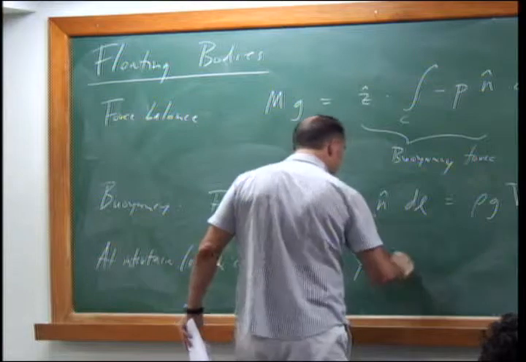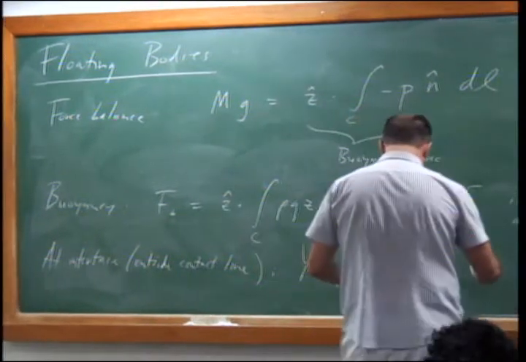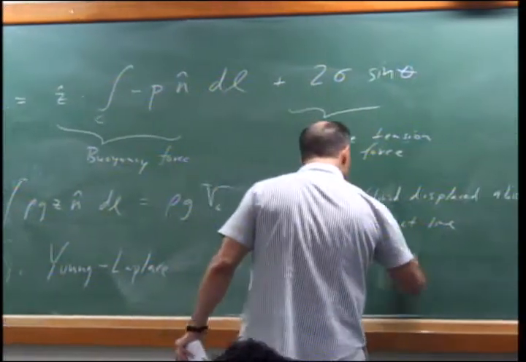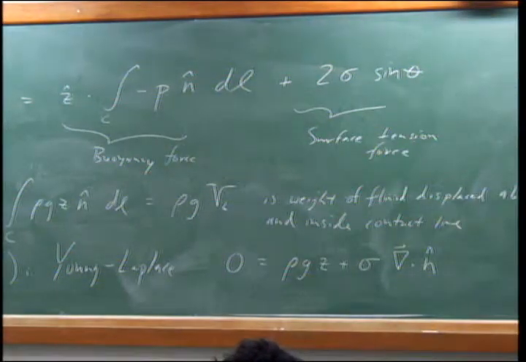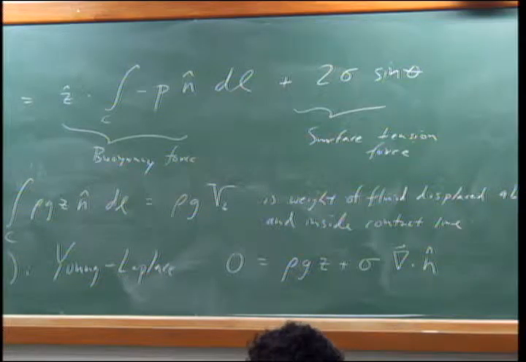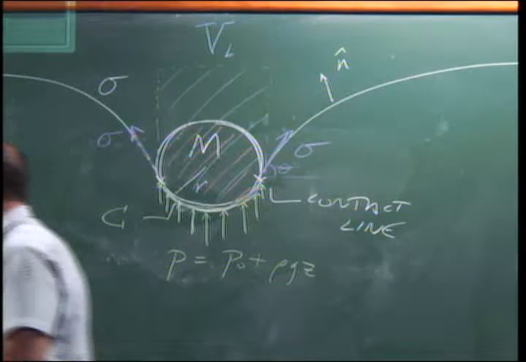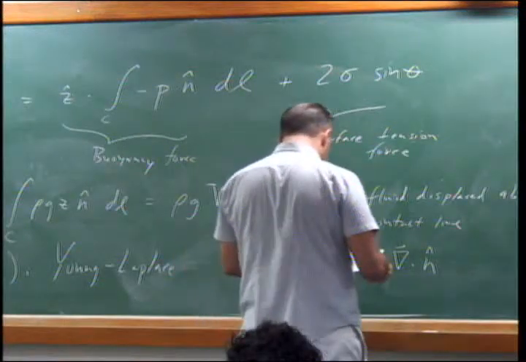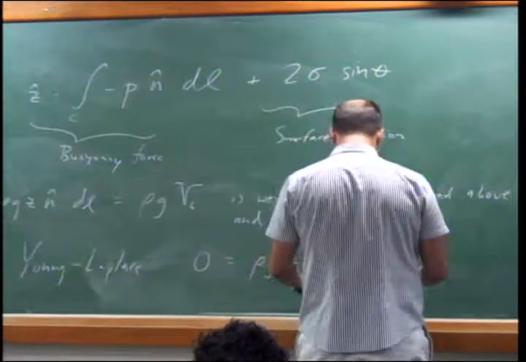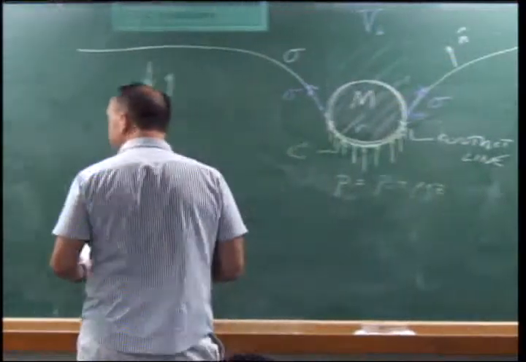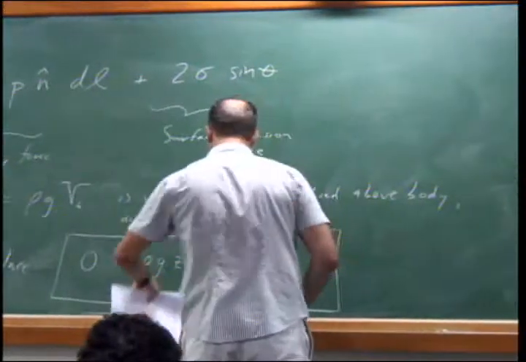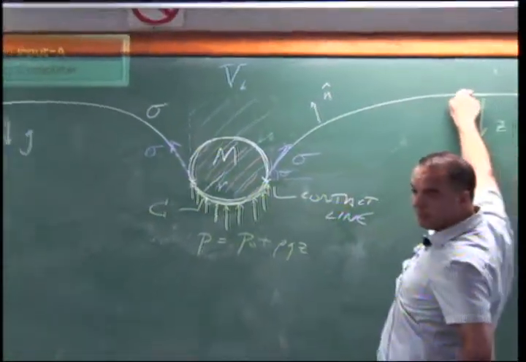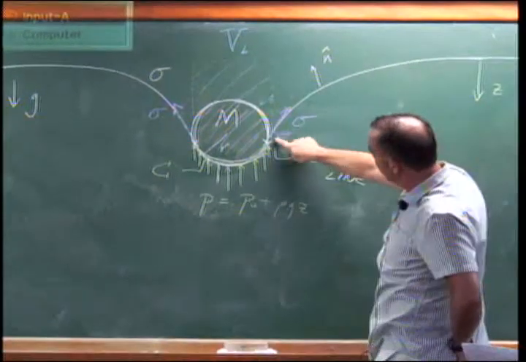So we have Young-Laplace. If we integrate these pressures along this meniscus, integrating rho g z along here is going to give us the weight of the fluid displaced above the meniscus and outside the contact line, right?